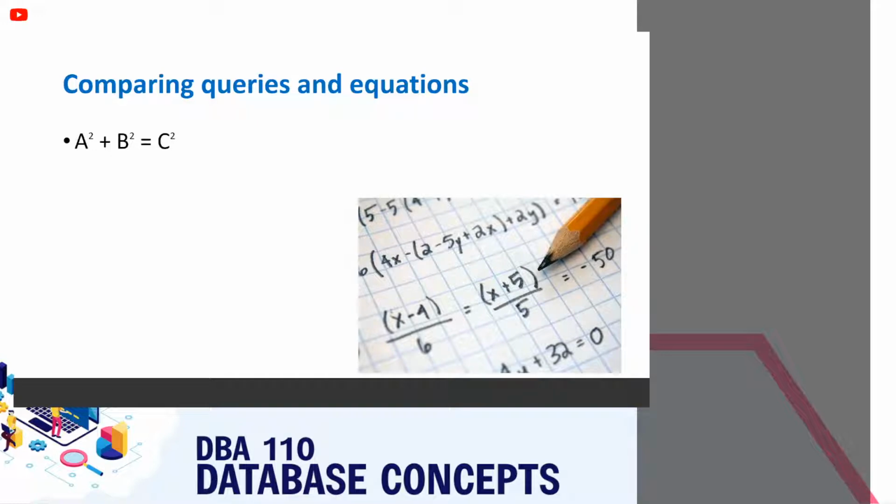So we know that if we're dealing with the Pythagorean theorem, we're looking at any sort of right triangle.